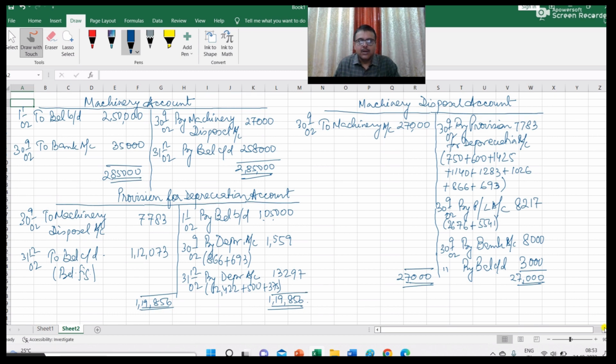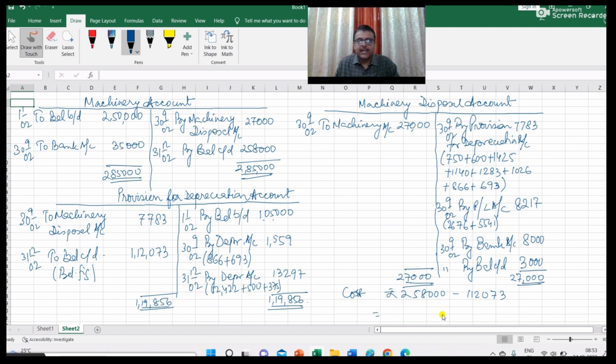You can cross-check one figure. So what is the cost value of the machinery on 31st December? This is rupees 2,58,000. And what is the amount of provision for depreciation? This is 1,12,073.